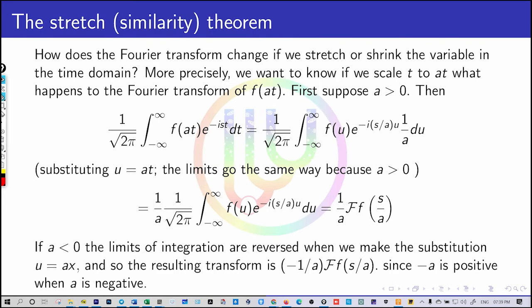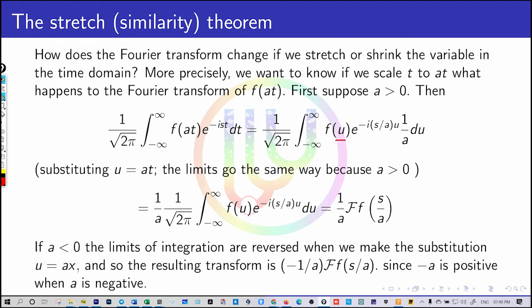So let me go back and write the Fourier transform of f of a t. It is 1 by root 2 pi integral from minus infinity to infinity of f of a t e raised to minus i s t dt, and I can write it as 1 by root 2 pi integral of f of u, substituting a t equal to u, e raised to minus i s into u by a.